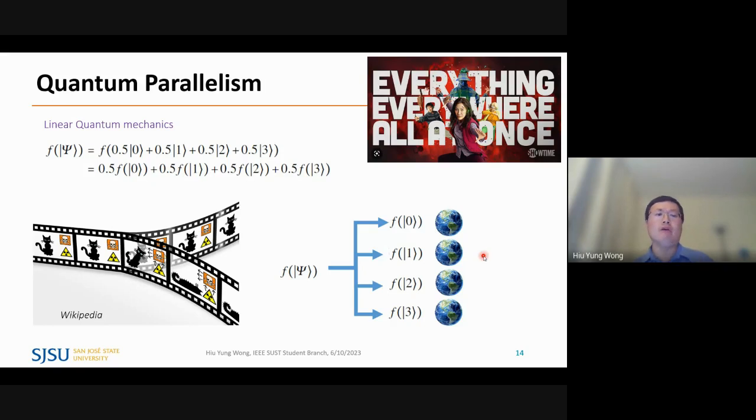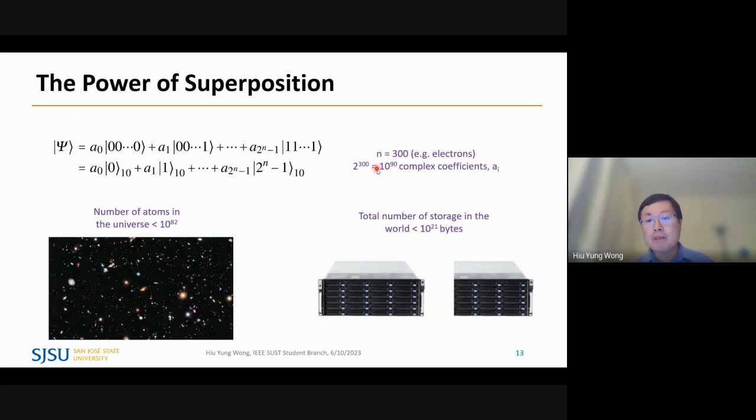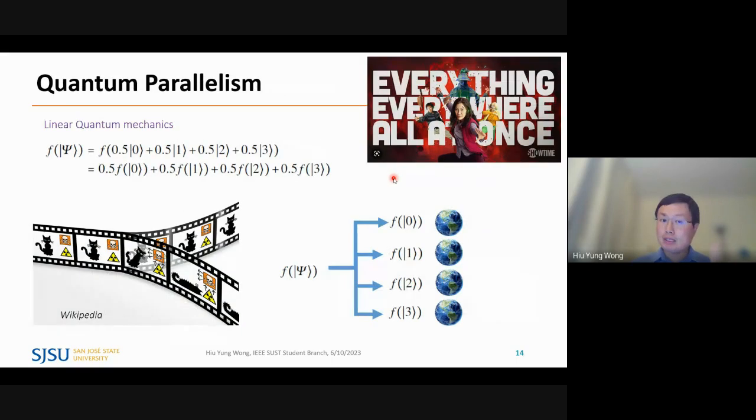Many worlds are evolving. Now, if I have 300 qubits, remember, just 300 electrons, I have 2 to the power 300 basis states. I can compute 10 to the power 90 computations at the same time. Okay, it's not that easy, but if it can be realized, then that is why it's so powerful. That is the power of superposition and parallelism.